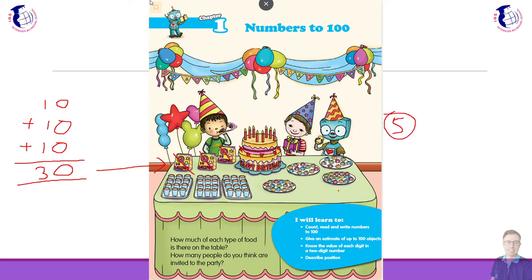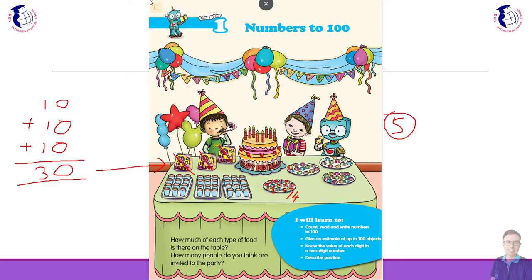And okay, so there's the most of these jelly tots, so I'll count through them quickly. So we've got 1, 2, 3, 4, 5, 6, 7, 8, 9, 10, 11, 12, 13, 14 on that plate.